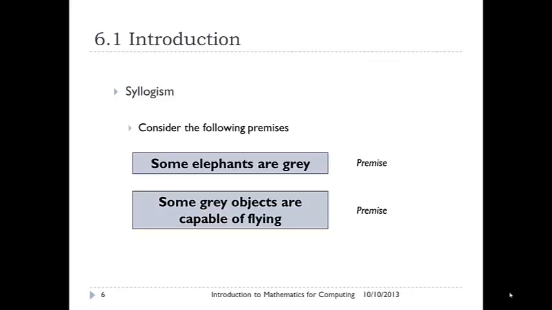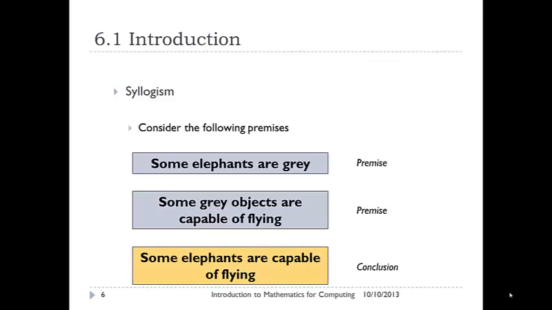We're restricting in some way the subjects that are under consideration by saying that only some elephants are grey and that only some grey objects are capable of flying. So based on these two premises then, let's have a look at a conclusion. Some elephants are capable of flying.